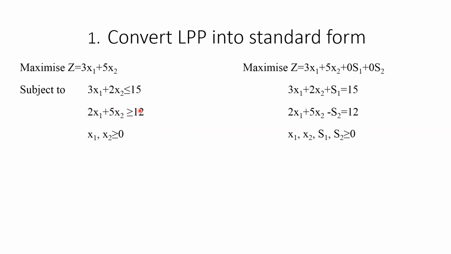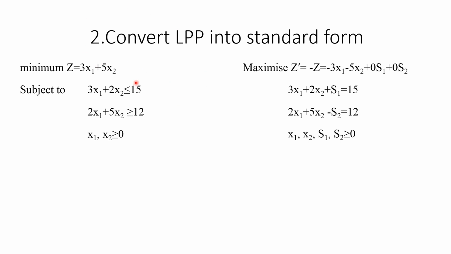So 3x1 plus 2x2, in a standard format it will become 3x1 plus 2x2 plus s1, which is equal to 15. 2x1 plus 5x2, which is greater than equal to 12, so we subtract a variable here and it will become equal to type, and x1, x2 are greater than 0, so here I am writing x1, x2 and introducing new variables, that is s1, s2, which are also greater than equal to type.